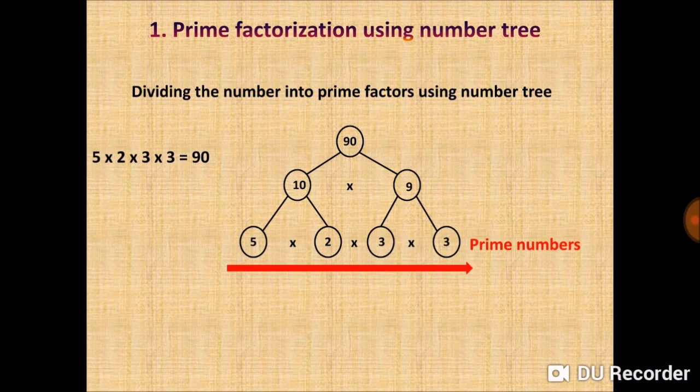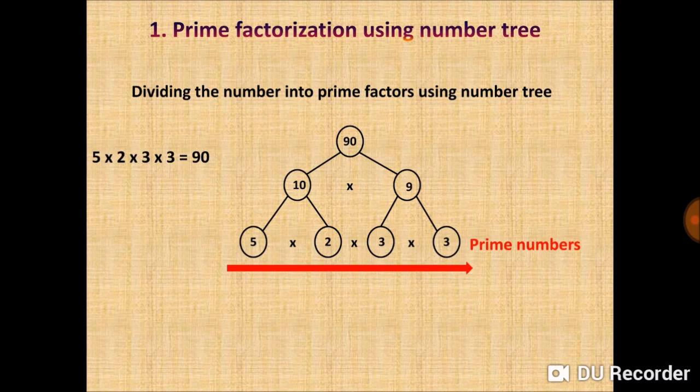So what does it mean? It means we have got the prime numbers which after multiplication gives the same number. So we have got the prime numbers the product of which is the number.